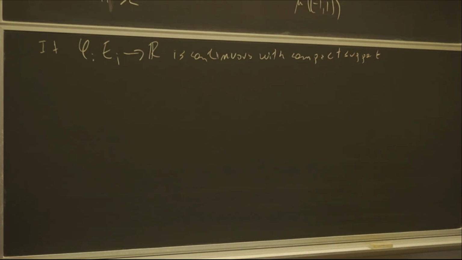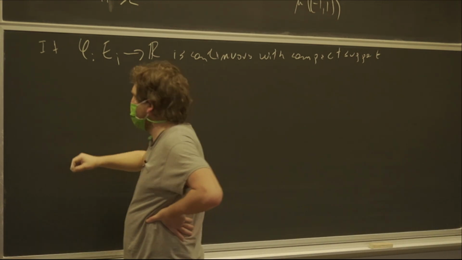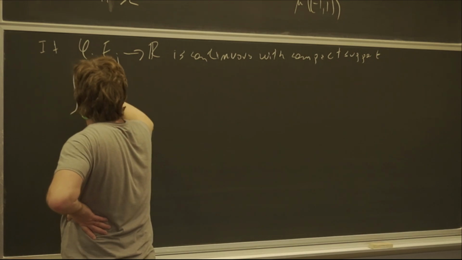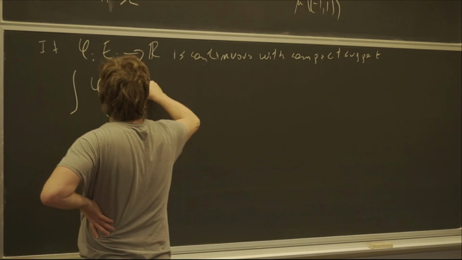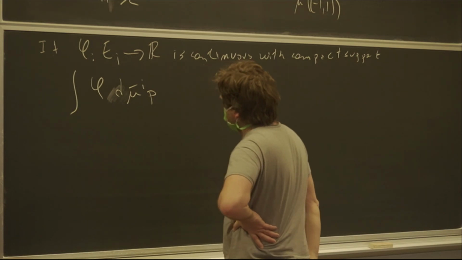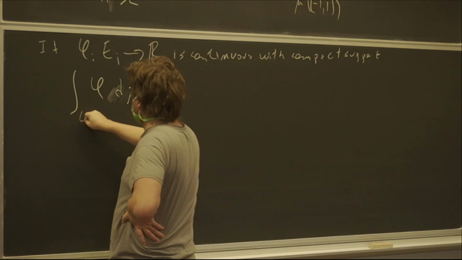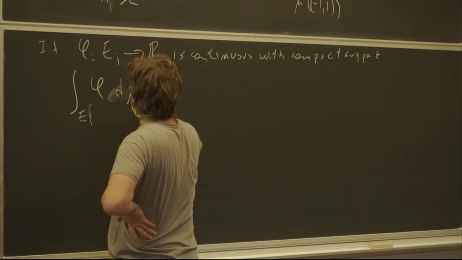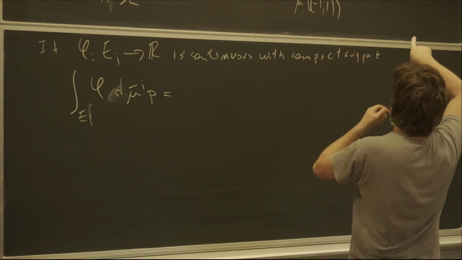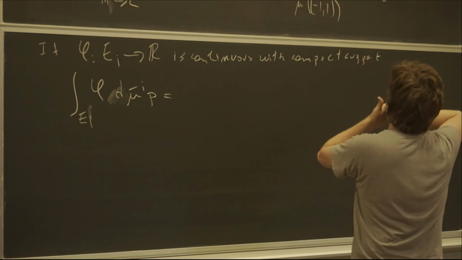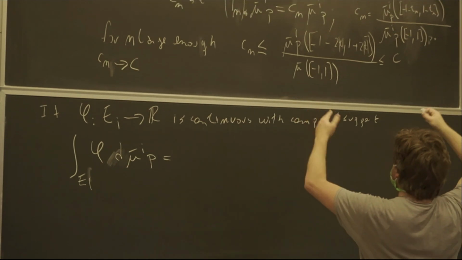I'm not sure I really need to use this, but anyway, let's do it. The integral of phi d mu bar IP over Ei is equal to, by the definition of the Cn going there, which are all positive.